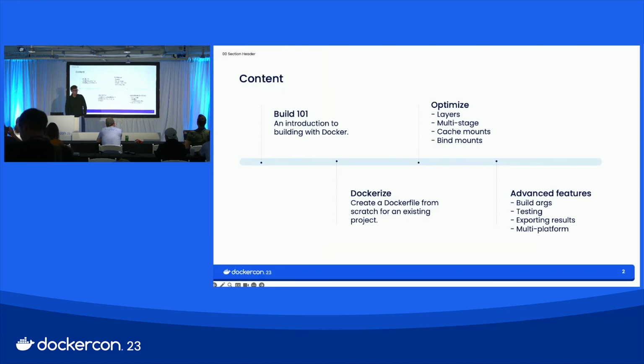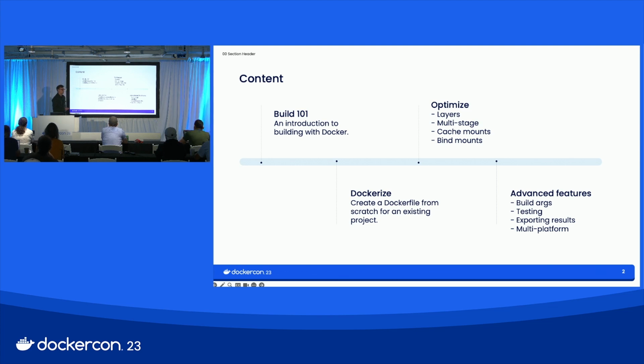So the agenda for the talk today is an introduction to what build is, what goes into build, what the components used in build are. Then I have a small demo project which doesn't contain a Dockerfile at the moment, but we'll create a new Dockerfile from scratch.